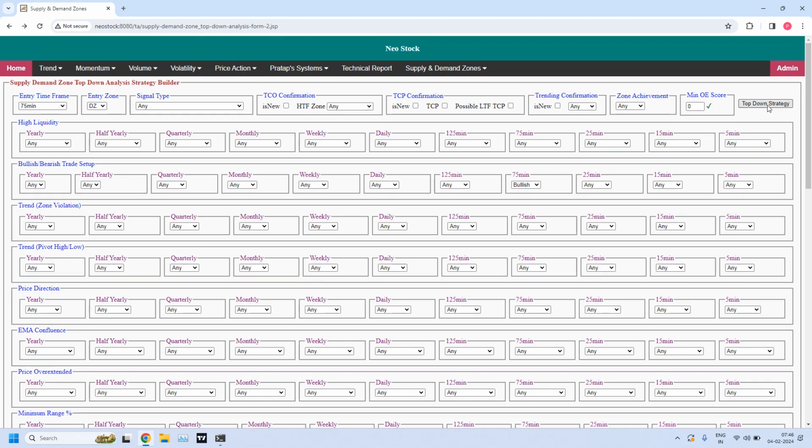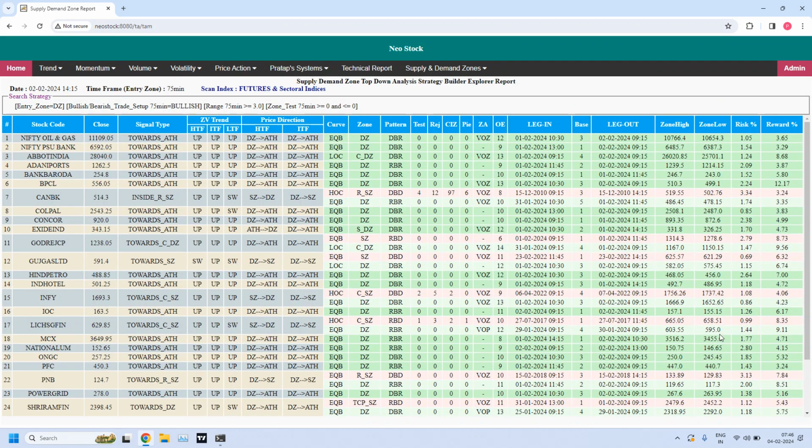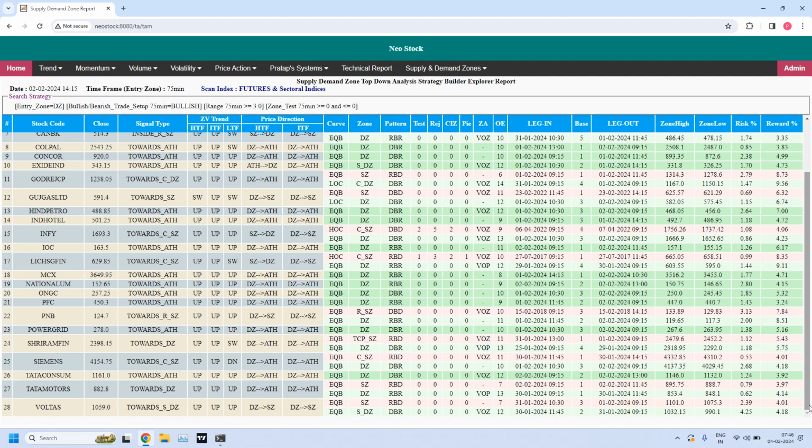From that you can select. So now, the list is reduced. All these stocks have a minimum of 3% reward. Now the list is reduced to 28. Sorry, not 28%, 28 stocks.